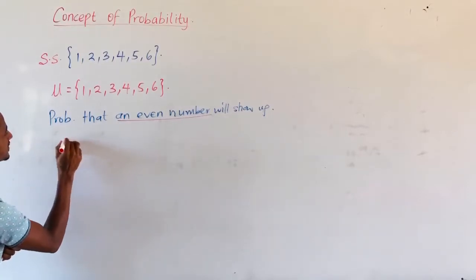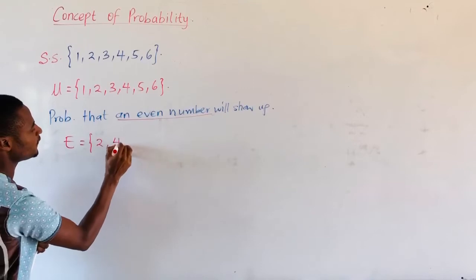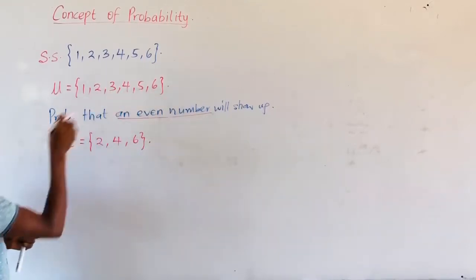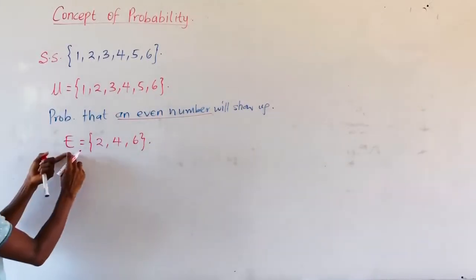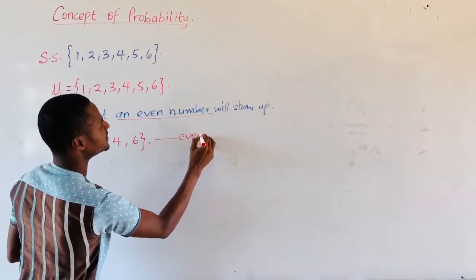Let's represent that set by E, and that is going to be {2, 4, 6}. These are the even numbers within the sample space, and this subset of the sample space is called the event.